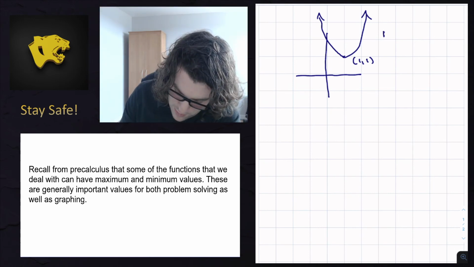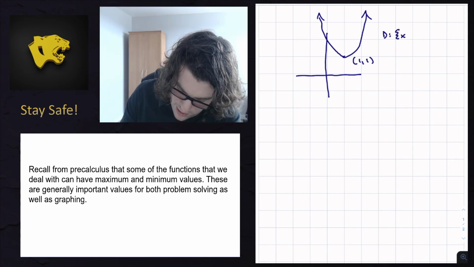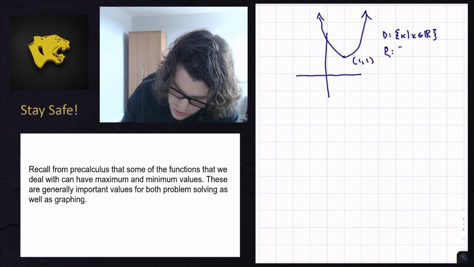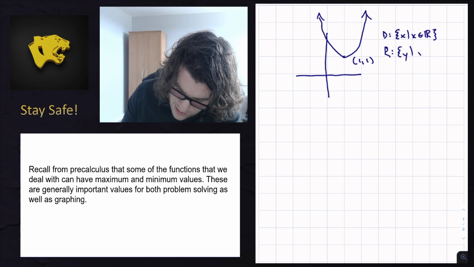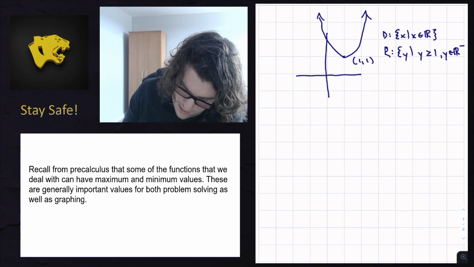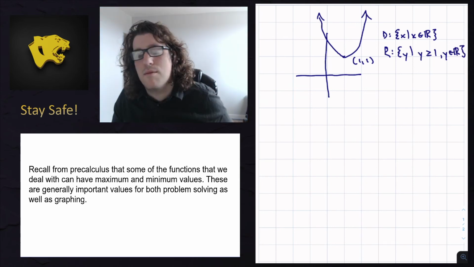If we were to write its domain, it would just be x values, all real numbers. And then for the range, the y values are going to be greater than or equal to that positive 1 value, and also be a part of all real numbers.